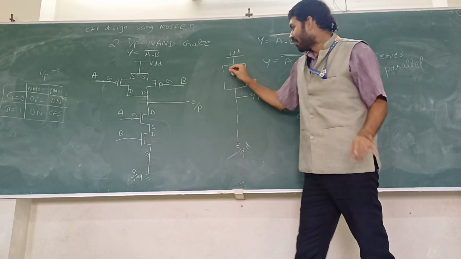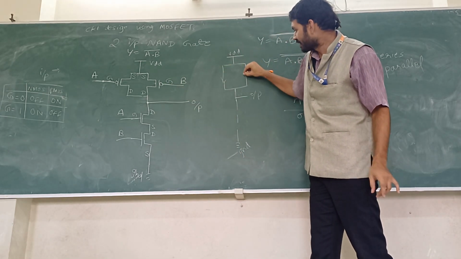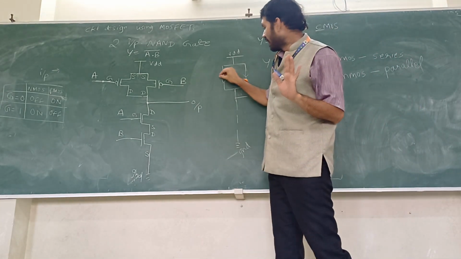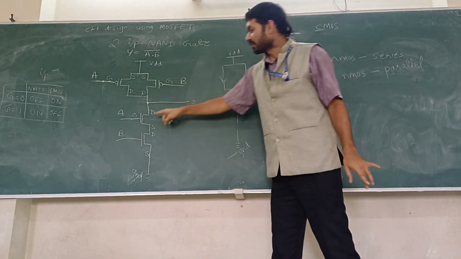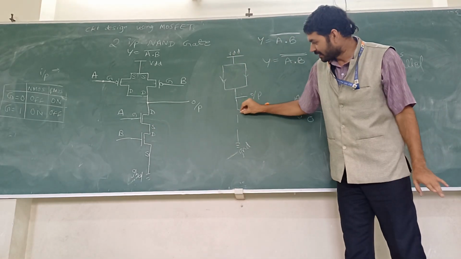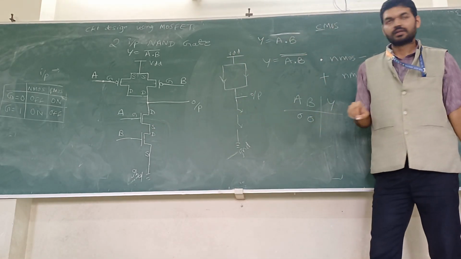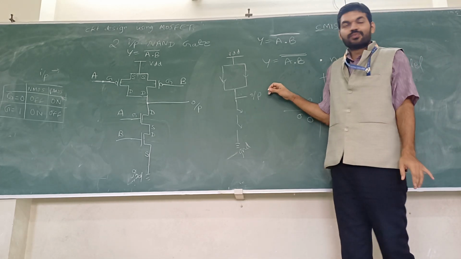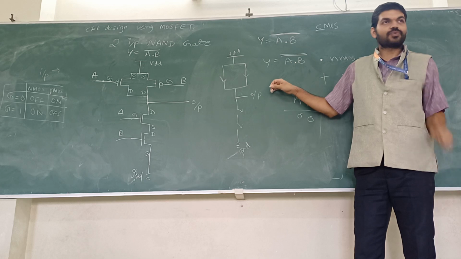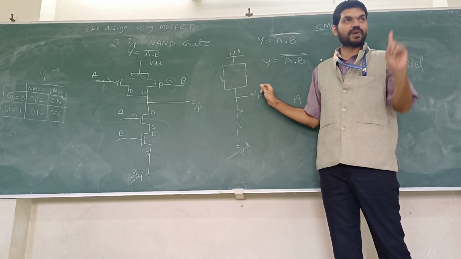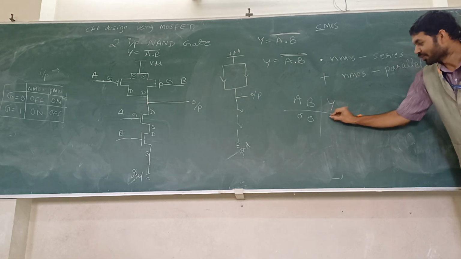On, so I will just short it like this. Fine. I have shorted it. What about NMOS? Off. So let them be open. Fine. What is the output connected to? Output is connected to VDD. So output is 1. Okay. Output is 1.